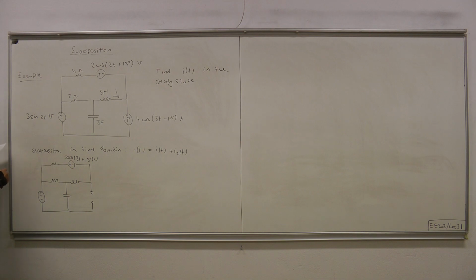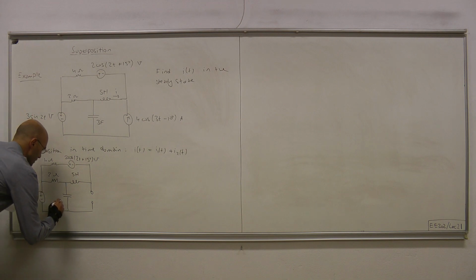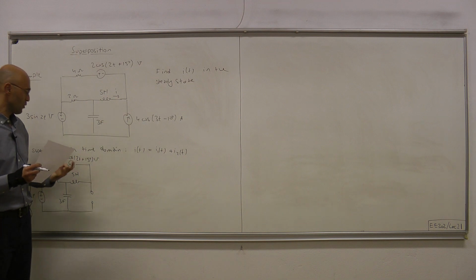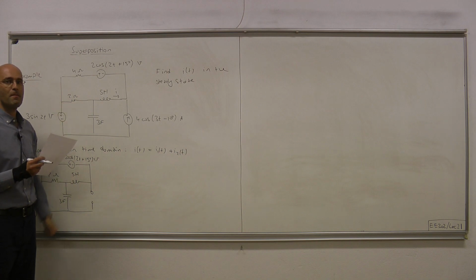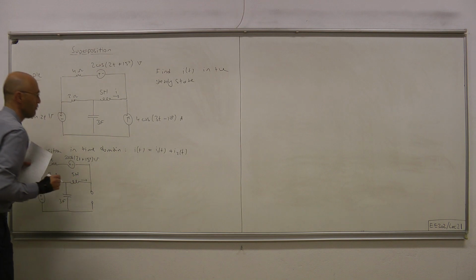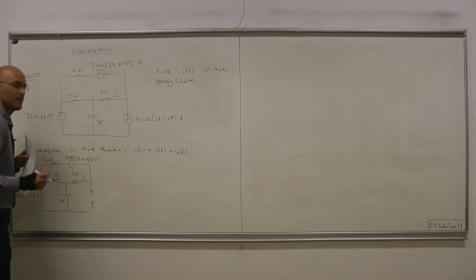And here we have 3 sine 2t volts. And we have 2 ohm, 5 Henry, 3 farad. So we killed the source and considered the circuit under only these 2 sources active, and we called that component of current flowing over the 5 Henry inductor I1.